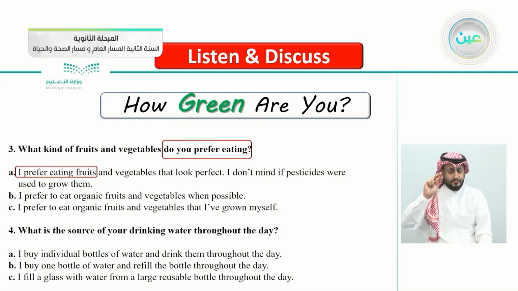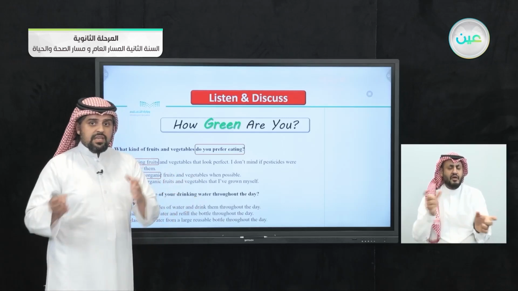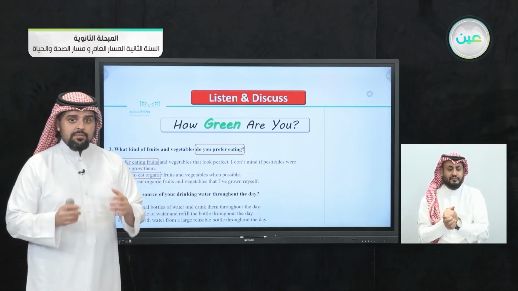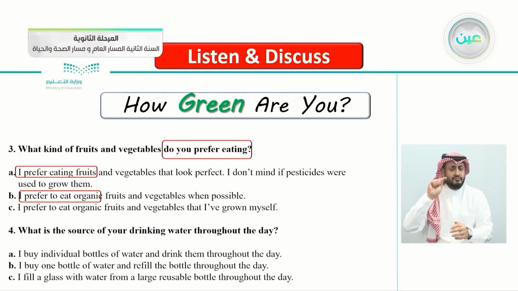Also eating and eating. Also here, I prefer to eat. So you can say I prefer eating, or you can say I prefer to eat. So you can use the gerund or the infinitive form. And remember, they both act as a noun. You can say I prefer eating fruits, or as the answer B here, I prefer to eat organic fruits, and so on.